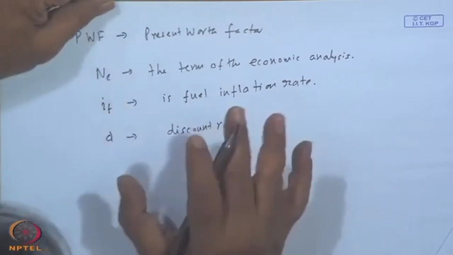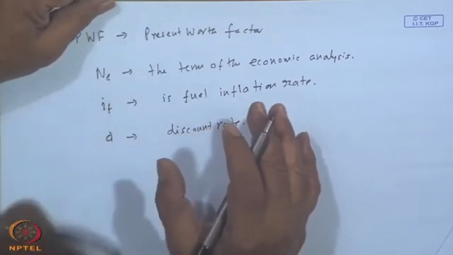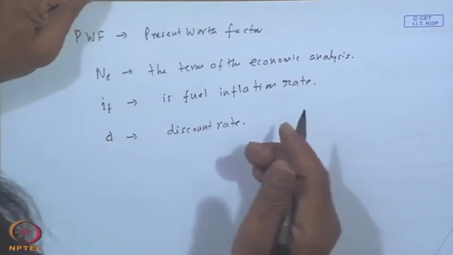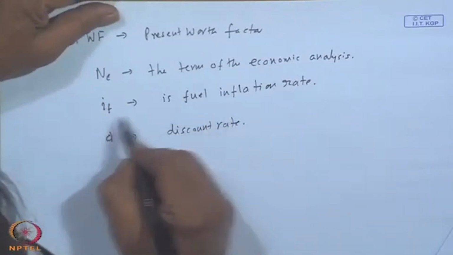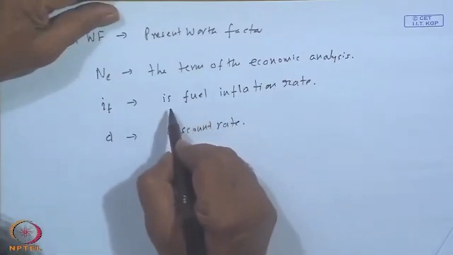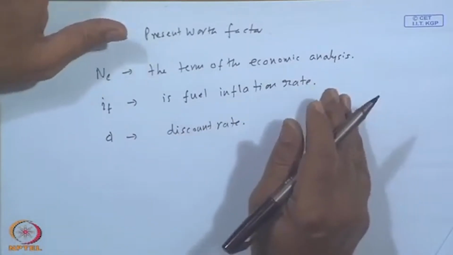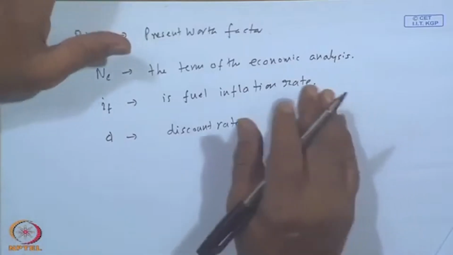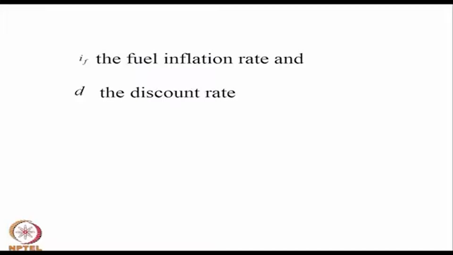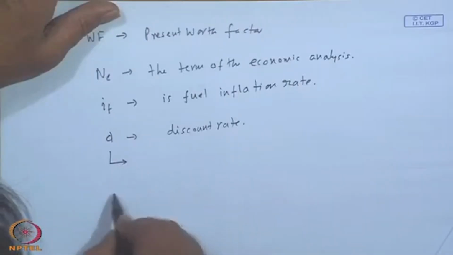This is a delicate thing to understand, and one would think that IF is equal to D, but IF in the context of the present analysis is the fuel inflation rate. It is the inflation rate of the fuel only, not the overall inflation rate.